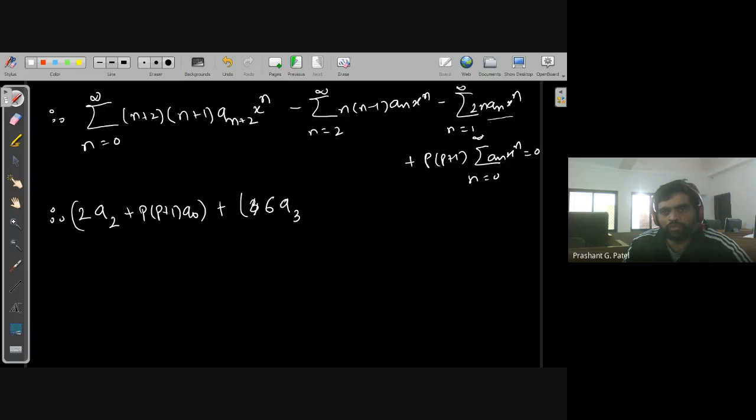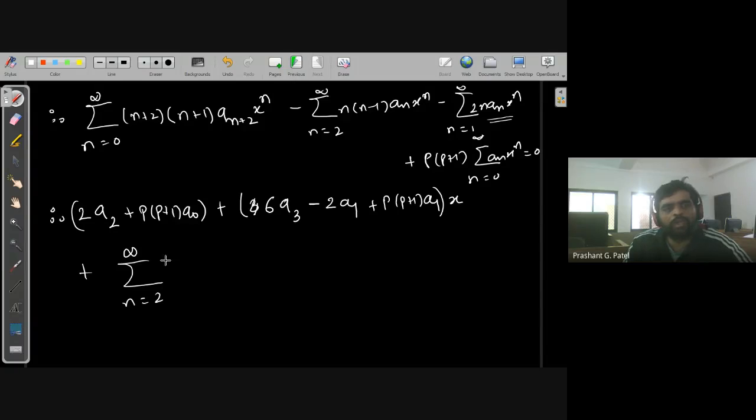There are only terms of x here also. Then this will be minus 2a1 plus p into p plus 1 a1 into x. And then plus summation n running from 2 now, since all the things will start with 2.